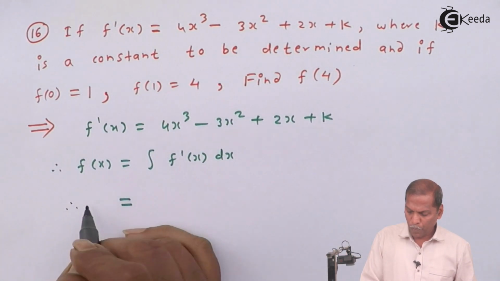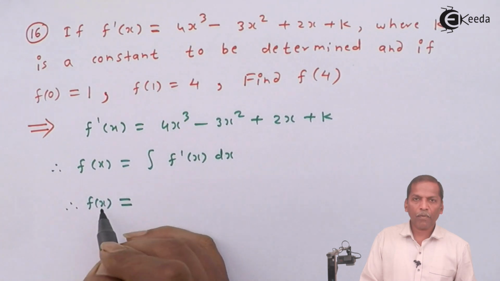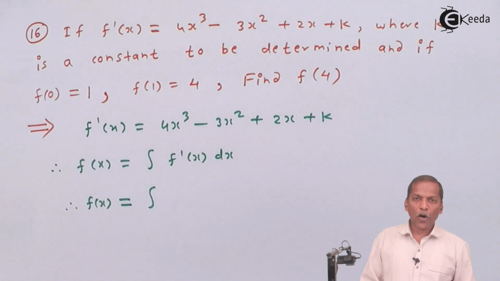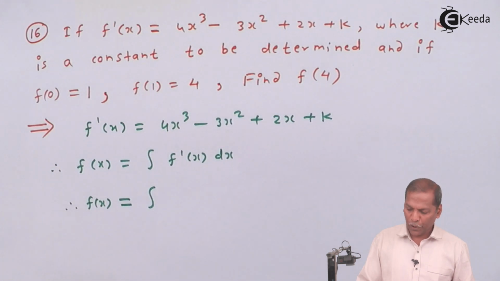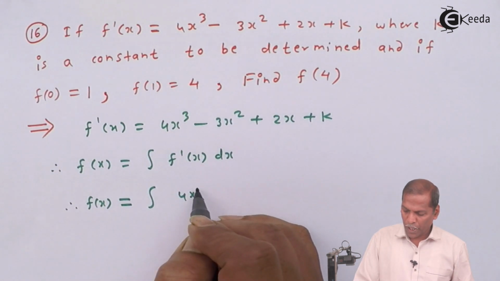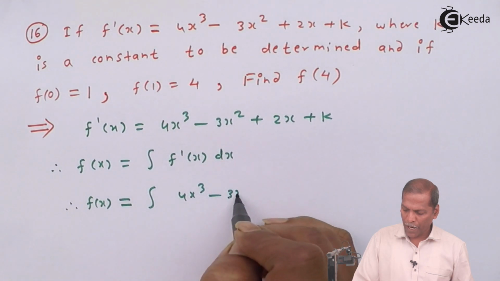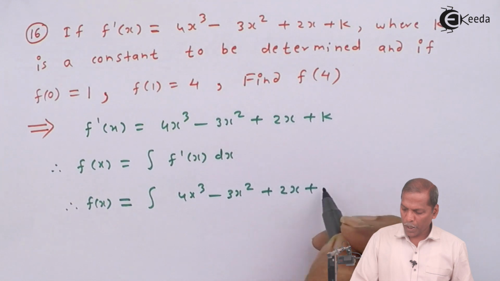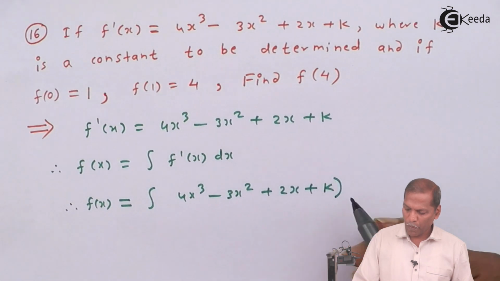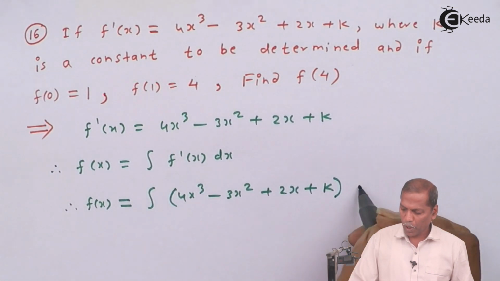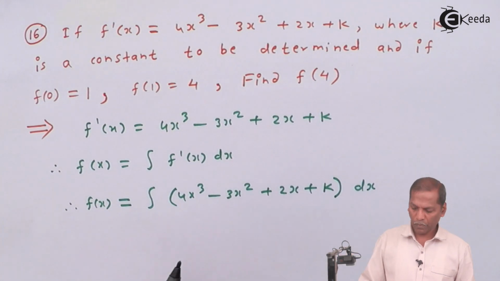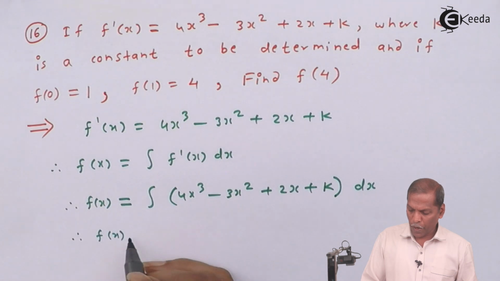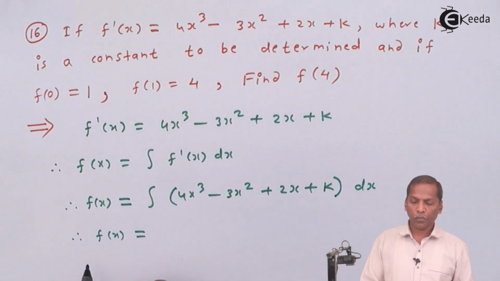So therefore, f of x is equal to integral. Now for f dash x, we substitute 4x cube minus 3x square plus 2x plus k bracket complete into dx. Therefore, f of x is equal to.